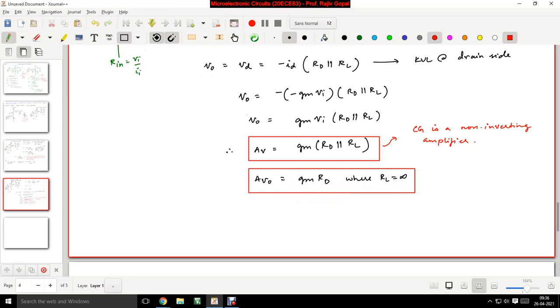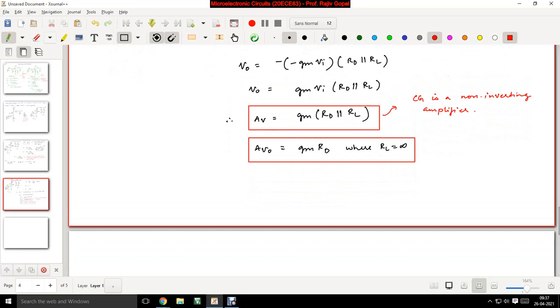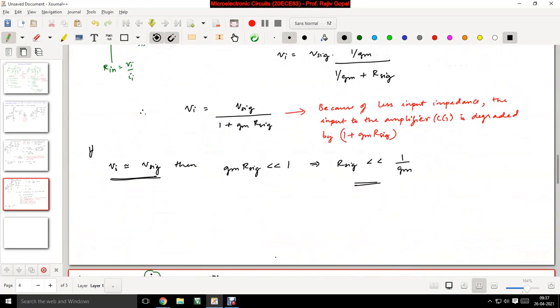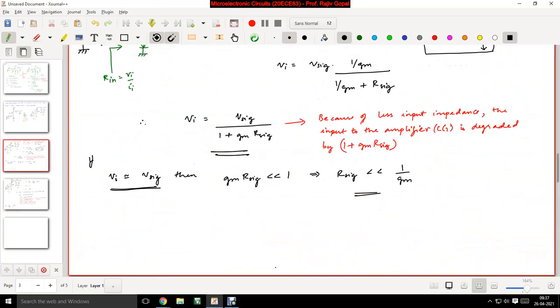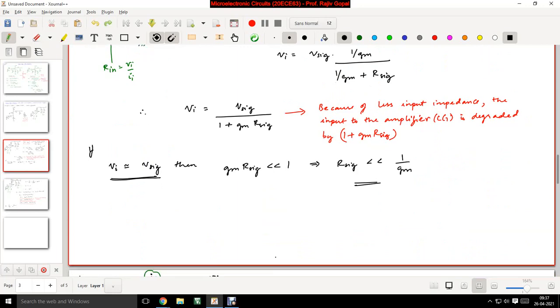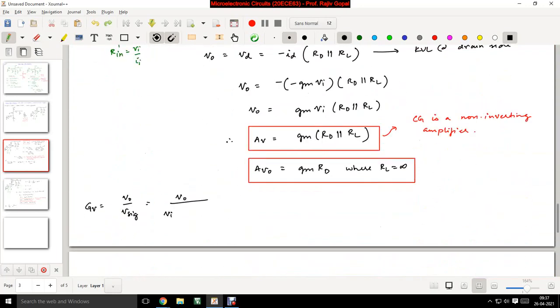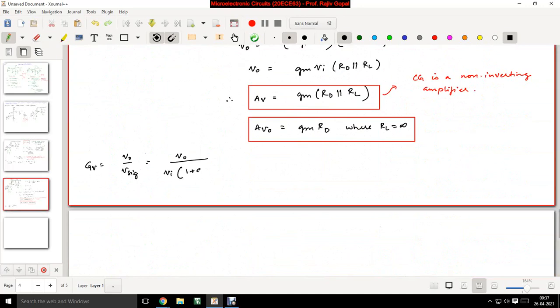Next, the final thing I have to find is Gv. Gv is V naught by V signal. Again, V naught divided by Vi, and from the first one, V signal is equal to Vi into 1 plus Gm into R signal.